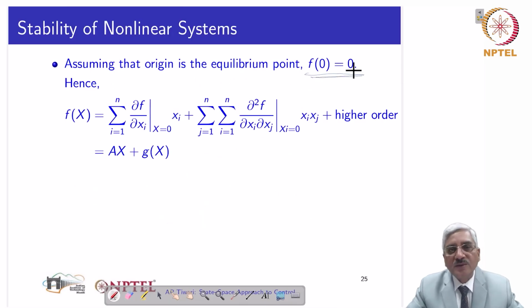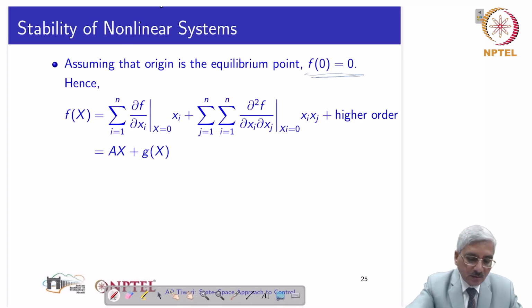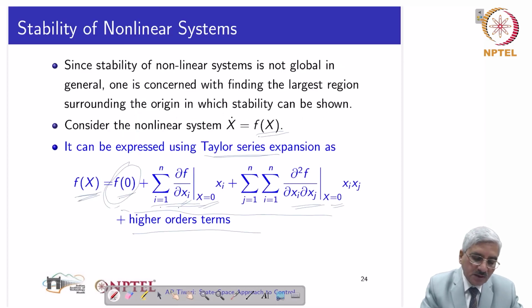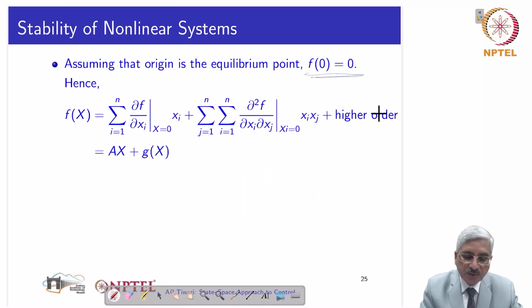At the equilibrium point, we assume that f(0) is 0. So this becomes 0, leaving all the other terms.